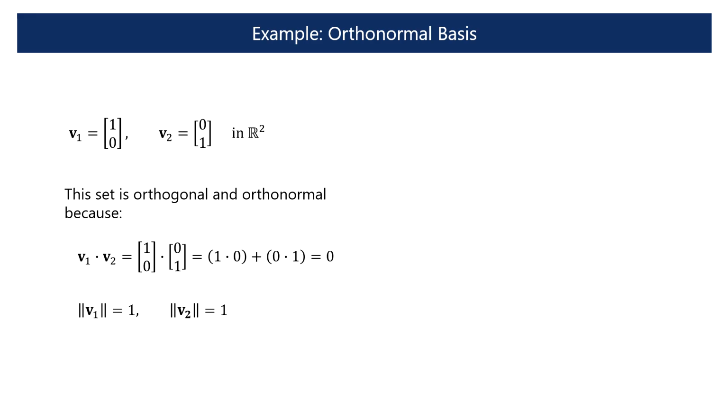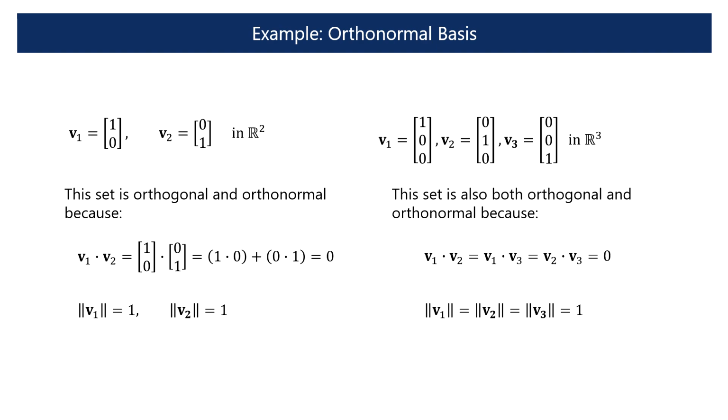This set is both orthogonal and orthonormal because the inner product between the vectors is 0, and the magnitude of each vector is 1. In a case of a three-dimensional space, this set is also orthonormal because the inner product between the vectors is 0 and the magnitude of each vector is 1.